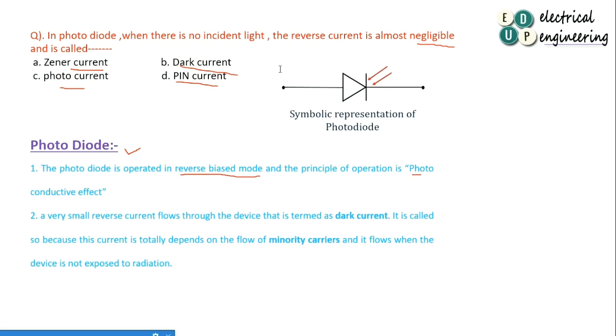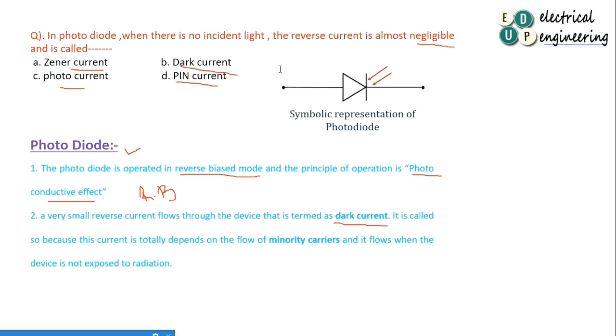This principle of operation is known as photoconductive effect. In forward bias, photodiode acts as a normal diode. In reverse biased condition, a very small current flows through the device. This current is known as dark current.